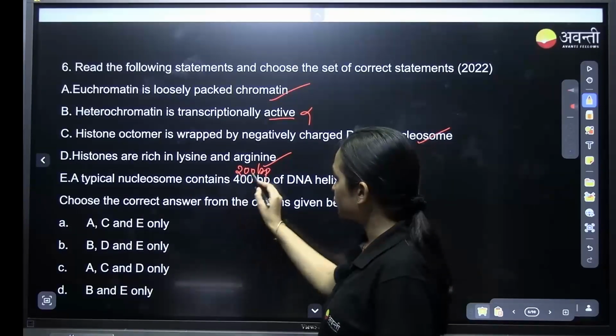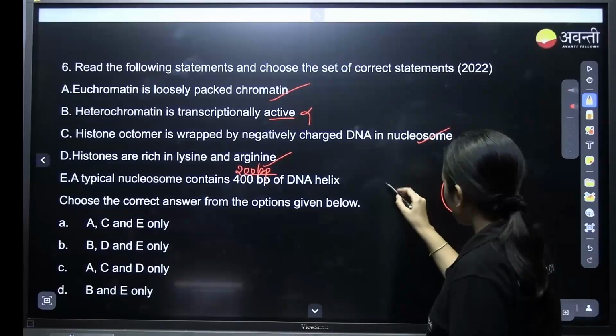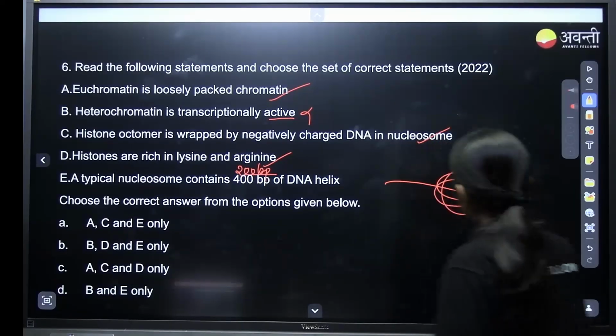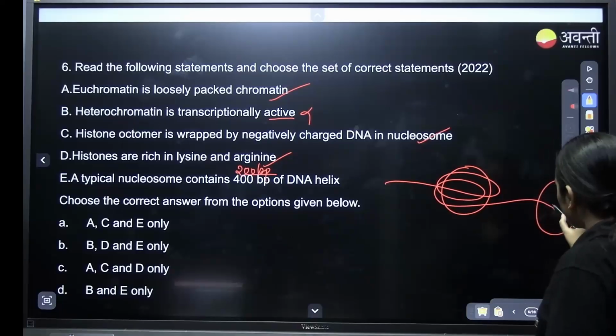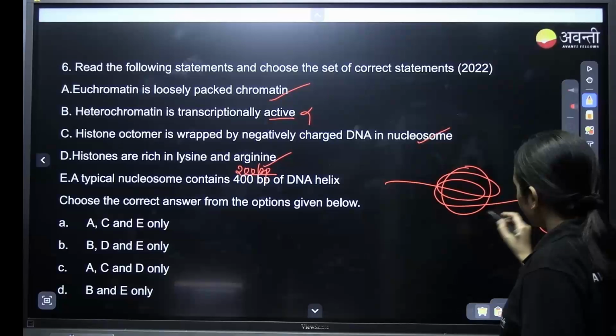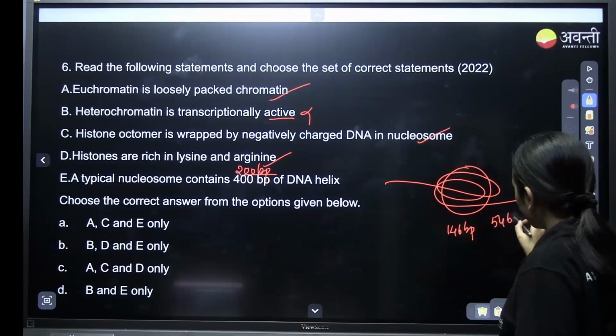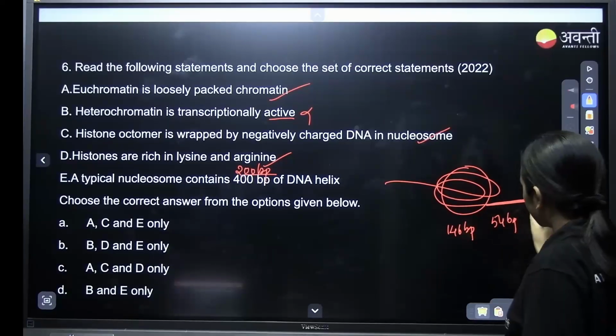A typical nucleosome contains 200 base pairs of DNA helix, which means if this is an octamer, the DNA wraps around it twice. That wrap is 146 base pairs, and 54 base pairs are the hanging DNA here.